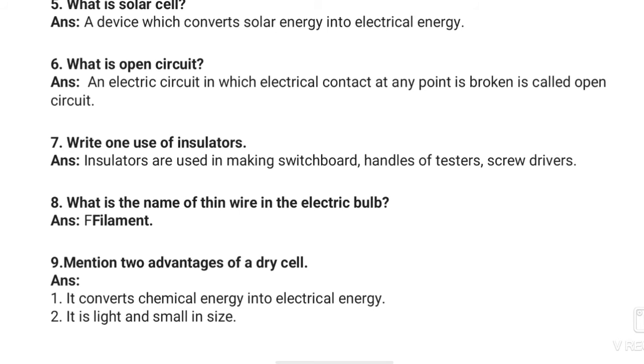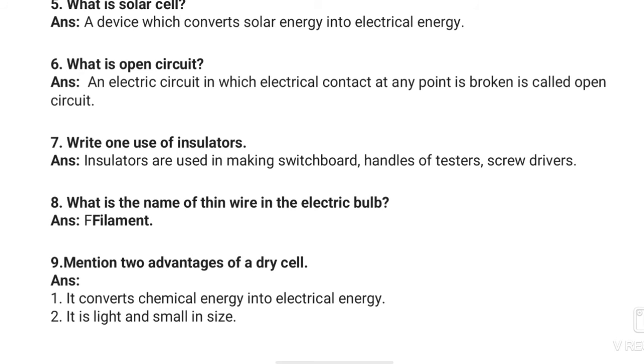Next question: write one use of insulators. Student, we know what insulators are. Insulators do not allow electricity, they do not allow current. This type of material is called an insulator.